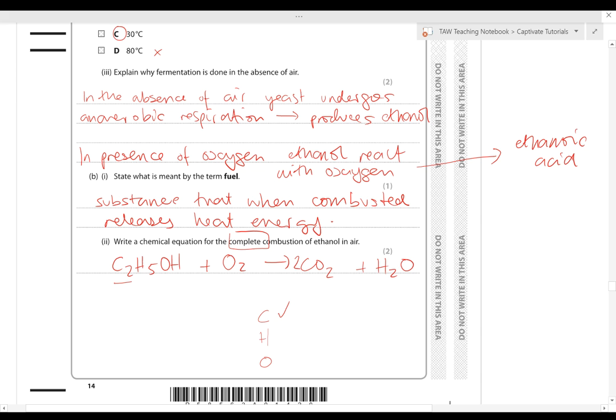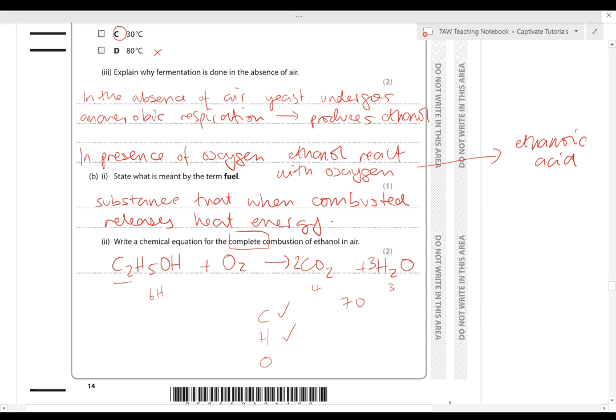In terms of hydrogens, we've got on the left-hand side 5 plus 1, so 6 hydrogens. So to balance that on the right, we need 3 times 2, so 3 H2Os is 6 hydrogens. And finally, we balance our oxygens. So on the right-hand side, we've got 4 here plus 3, so 7 oxygens in total.